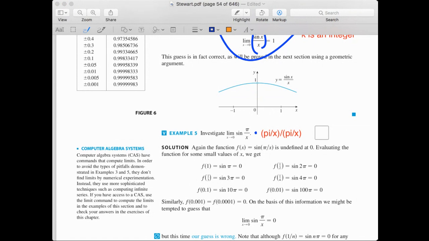If we think about f of x equals 1 over x, because pi is a constant number, think what's the limit of 1 over x? And remember the graph.